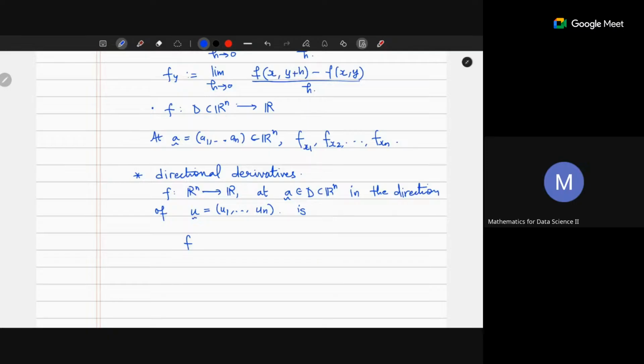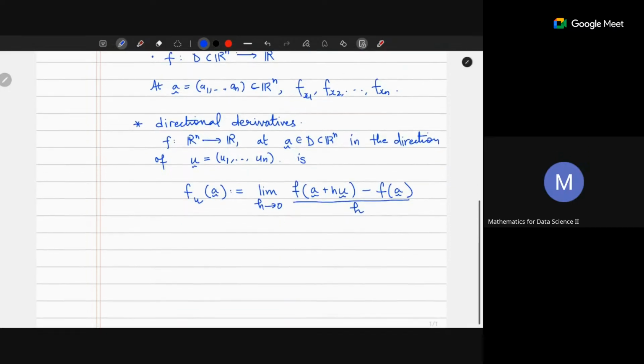So in particular, f_u at a tilde is the limit as h tends to 0 of f of a tilde plus h u tilde minus f of a tilde, divided by h. All right. So this is what the directional derivative is.